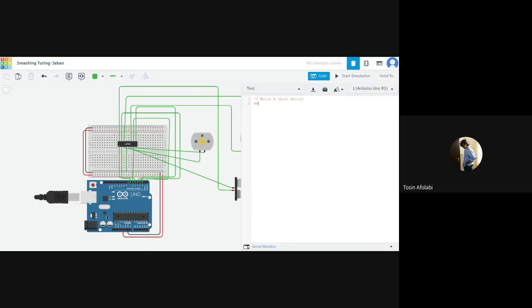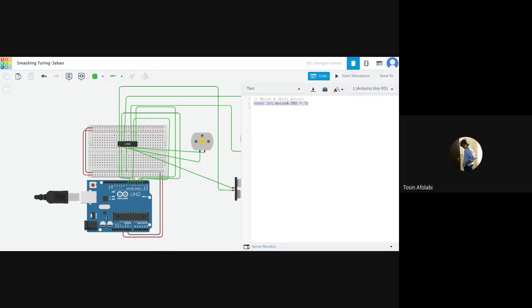So that's const, then motorA underscore input1 equals 7, because it's pin 7 that it was connected to. And let's not forget that semicolon.